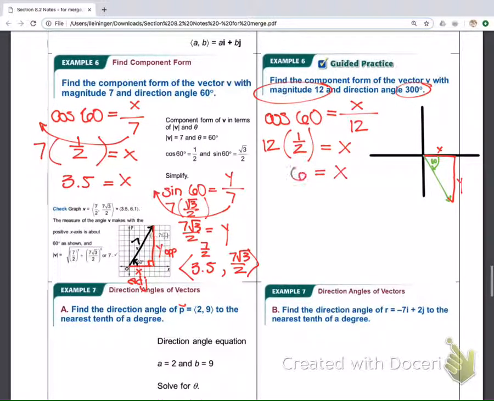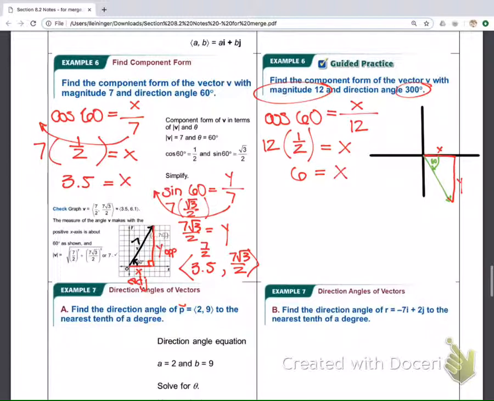The only thing that I have to consider that we didn't have to consider in the first one is positives and negatives. Okay, what quadrant are we in? Fourth. In the fourth quadrant, should the x's be positive or negative? Positive. The y's, however, should be negative.